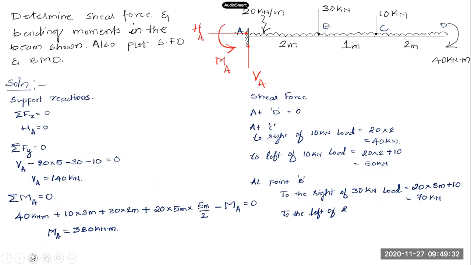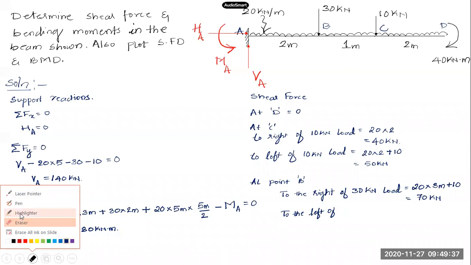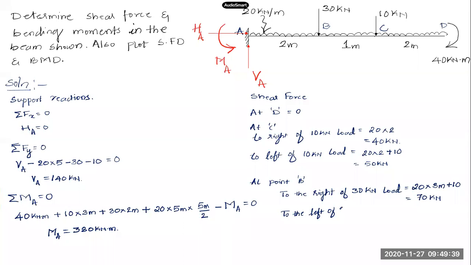What will be the value here? To the left of the 30 kilonewton load, it will be equal to, due to UDL, 20 into 3 meters, plus the concentrated load of 10 kilonewton, plus 30 kilonewton.